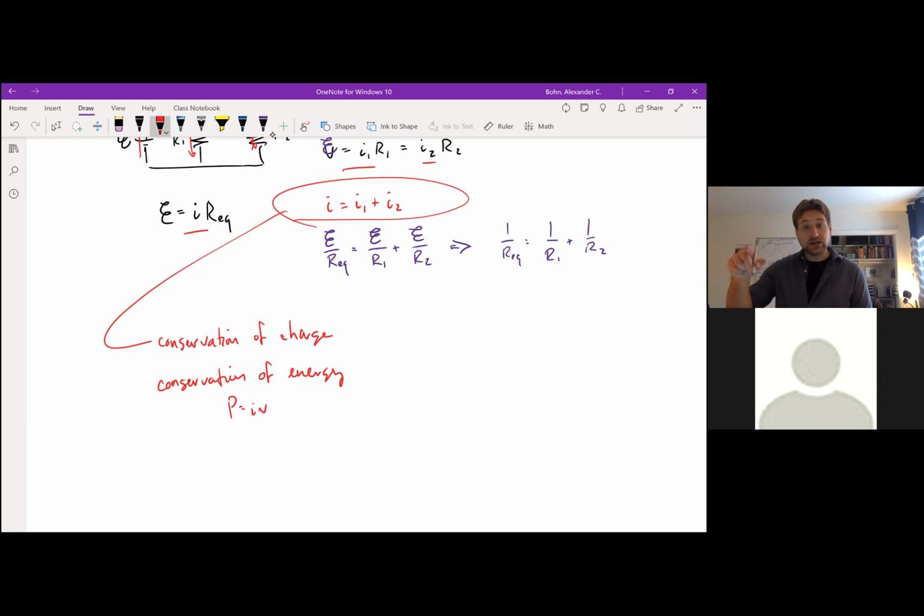The power dissipated by a resistor, which just comes from the fact that the resistor is ohmic. Power supplied.